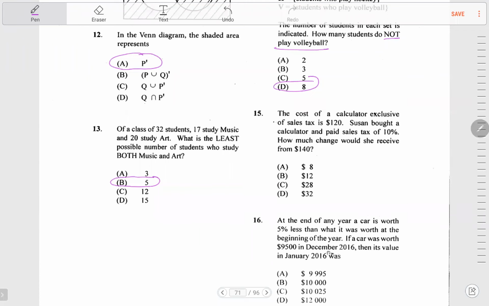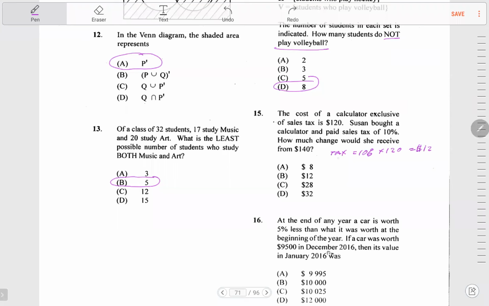All right, so let's break it down. It's $120. So the tax is 10% of the 120, which is $12. Not $120, $12.